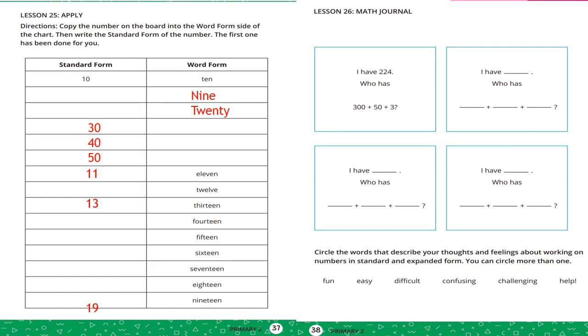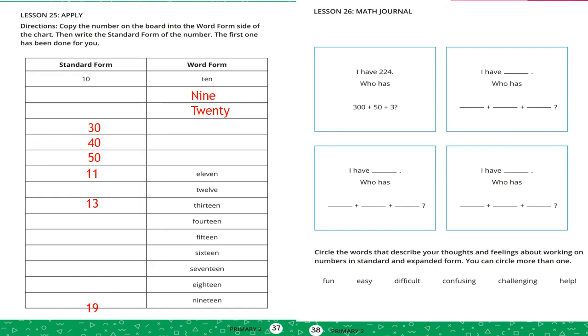The next page, our math journal, like a game. The first box, I have 224. Who has 300 plus 50 plus 3?